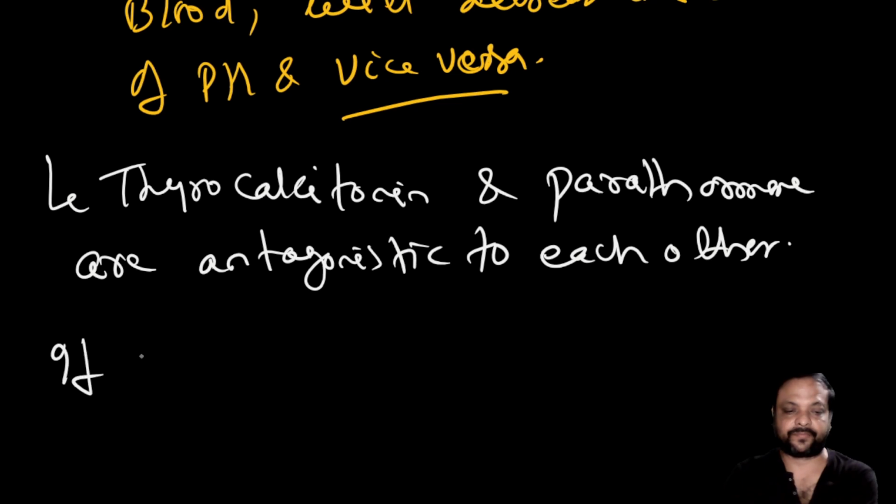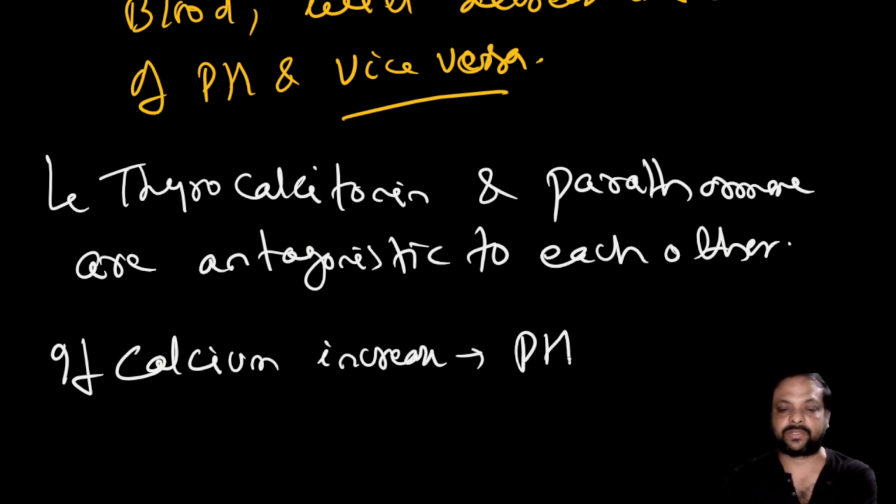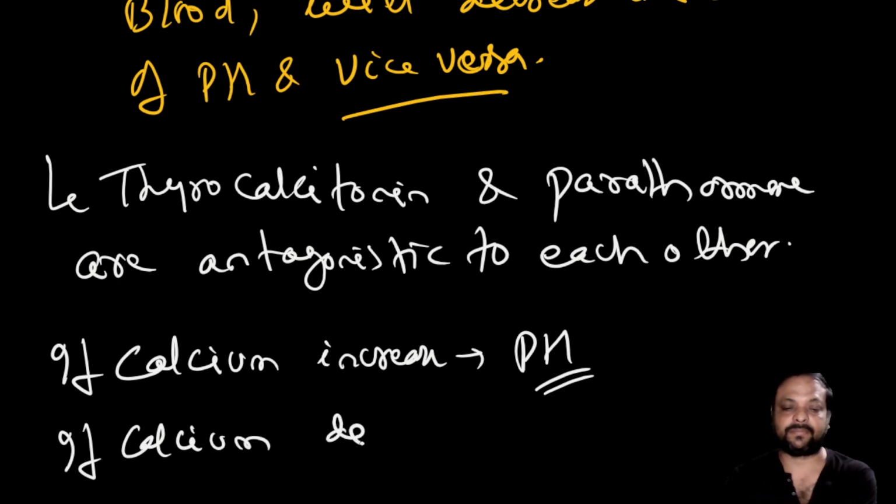If calcium increases, then pH decreases. If calcium decreases, thyrocalcitonin increases.